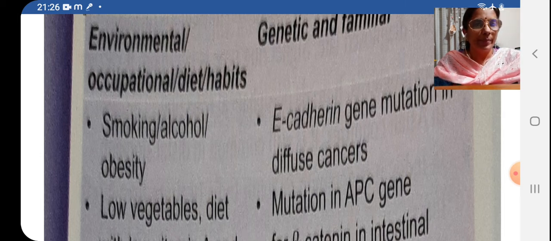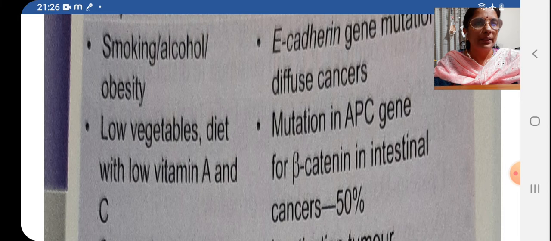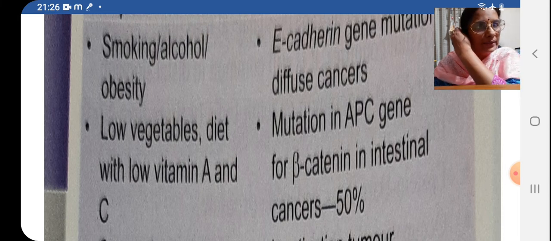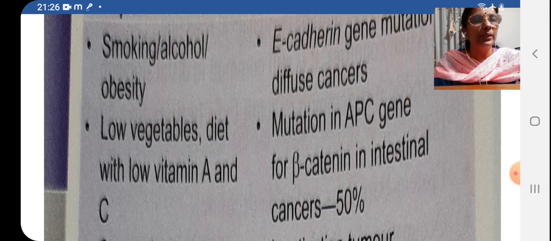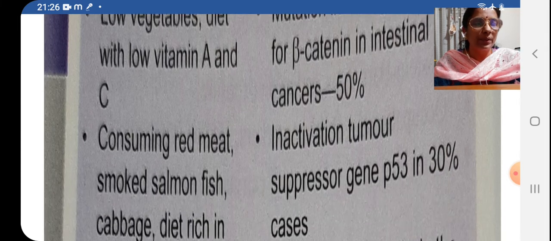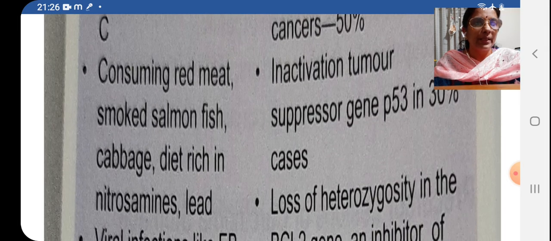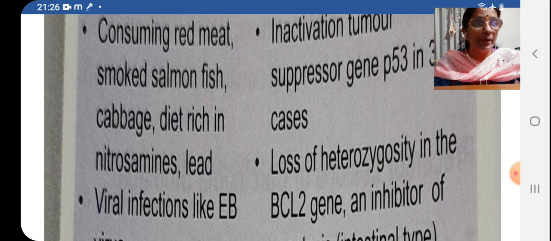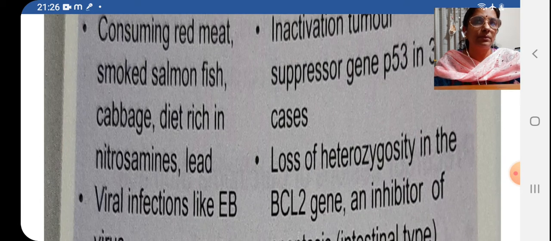And smoking, obesity, low vegetables, a diet with low vitamin A and vitamin C. So you should eat more vegetables and fruits to prevent development of carcinoma stomach. Then consuming more red meat, smoked meat, cabbage, a diet rich in nitrosamines, salty food material, that means more salty fish and fish preserved in salt. If you take that, it can also lead to carcinoma stomach.